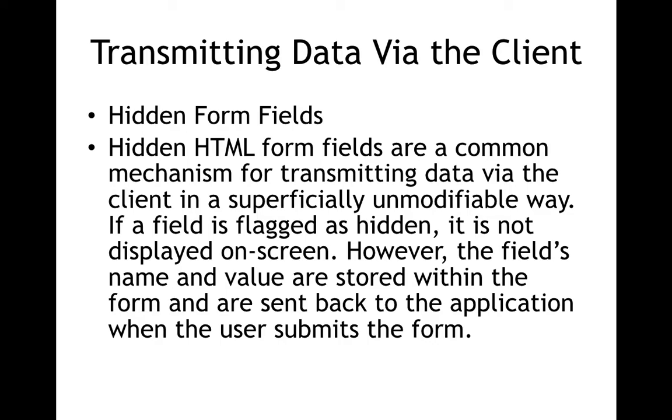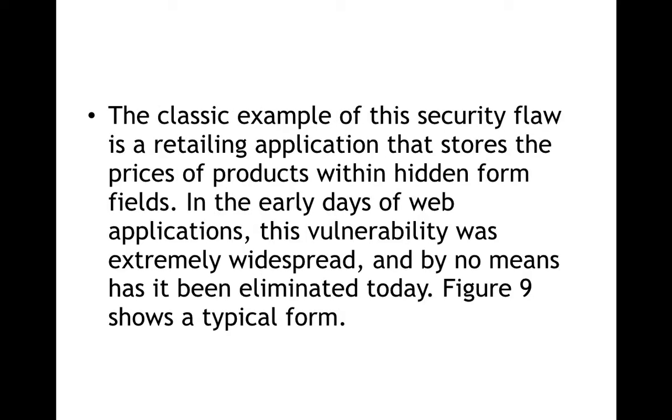A classic example of this security flaw is a retailing application that stores the price of products within hidden form fields. In the early days of web applications, this was quite vulnerable and extremely widespread, and by no means has it been eliminated by this time.